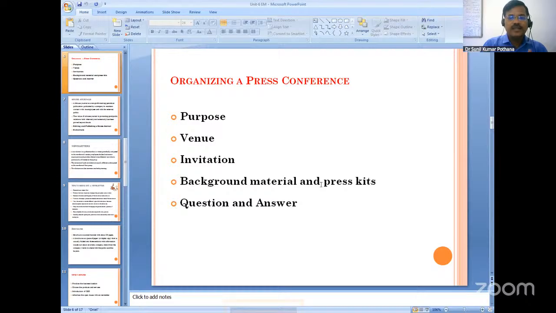Later, they allot some time, maybe 10 or 15 minutes, for the reporters to ask any questions or queries. The CEO or MD, whoever is the chief speaker in the press conference, answers the press personnel.